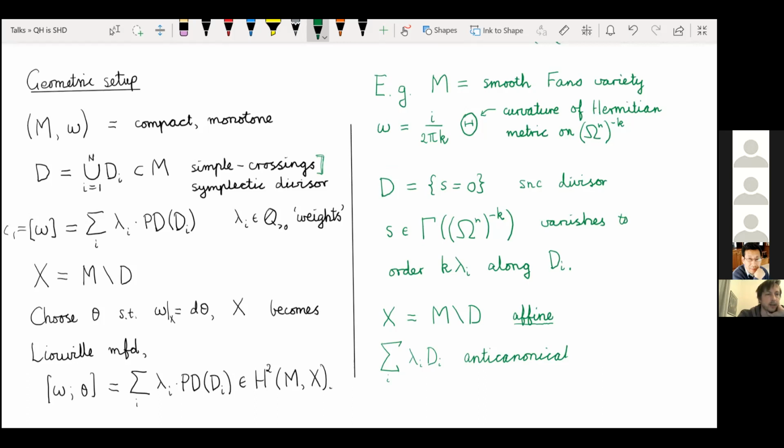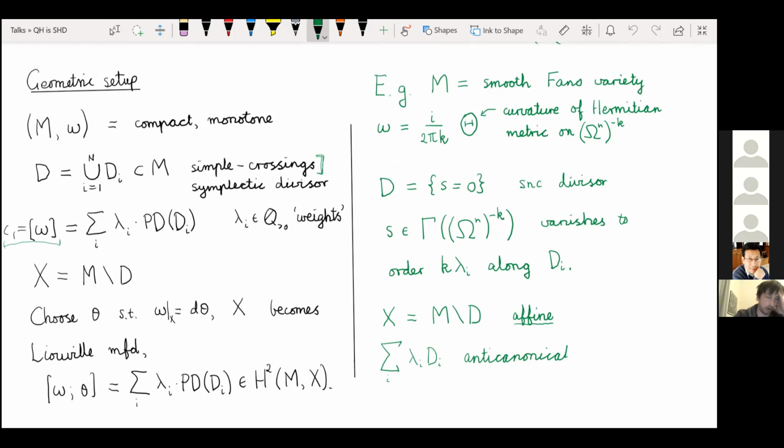And we recall M is monotone means the first Chern class of the tangent bundle equals the cohomology class of the symplectic form. And that should be some combination of the Poincare duals of the components Di of the divisor with positive rational coefficients. We let X be our Liouville manifold.